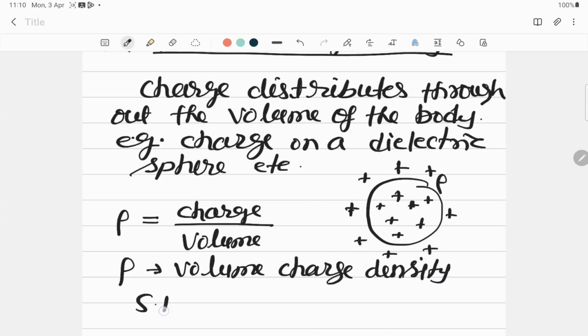Then the SI unit is coulomb per meter cube.